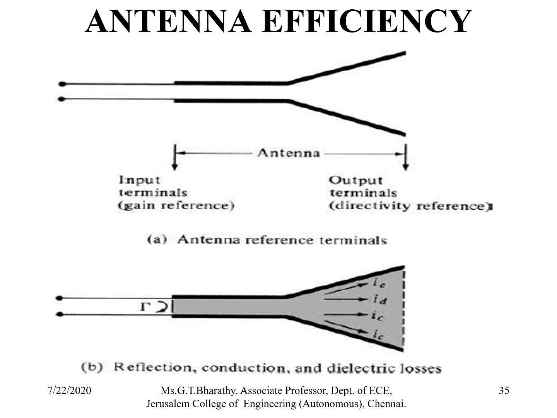So this part, input terminals, is the reference for gain and the output terminal of the antenna is the reference for directivity. In the second diagram you can see that the antenna efficiency is depending on three parameters. One is the reflection coefficient or reflection loss. The other is represented by Ic, which is the conduction loss. The third one is Id, which is dielectric loss.